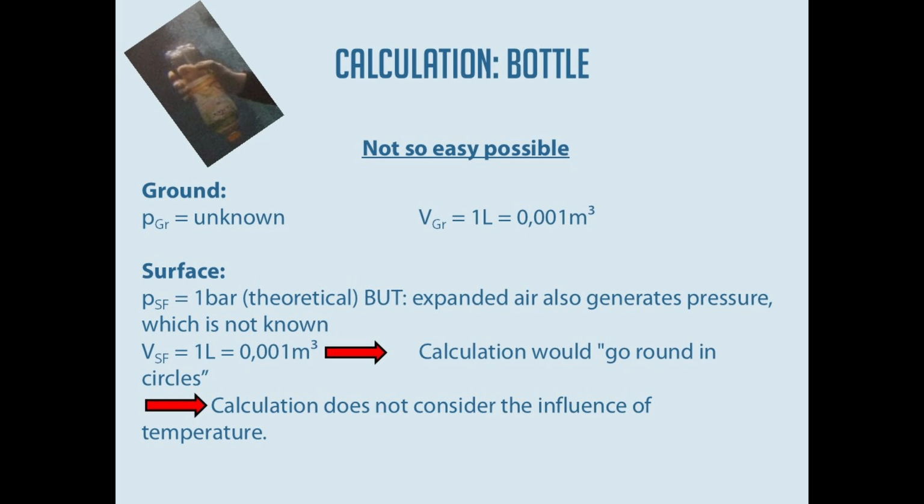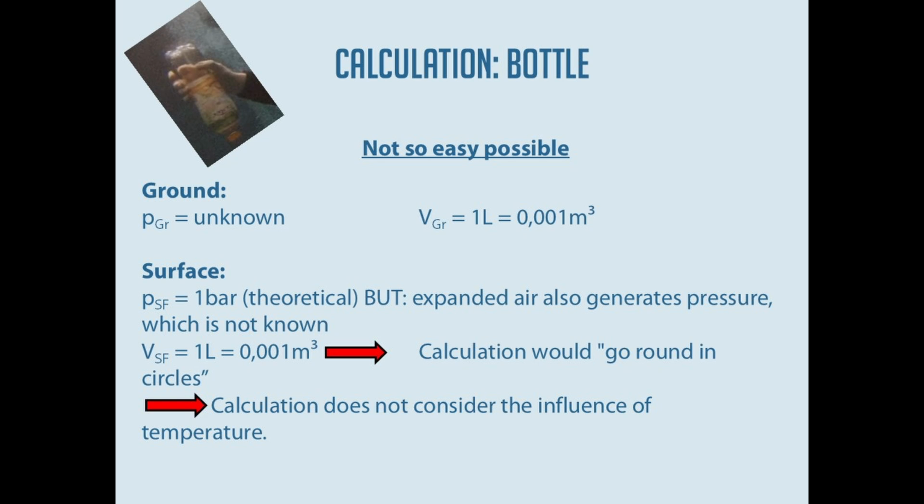Why? Well, we could say again we don't know the P at the bottom, and to stay with the example from just now, we have a bottle with 1 liter volume, so converted the volume is 0.001 cubic meters, and if we take that now with the surface, then we would have again 1 bar air pressure.